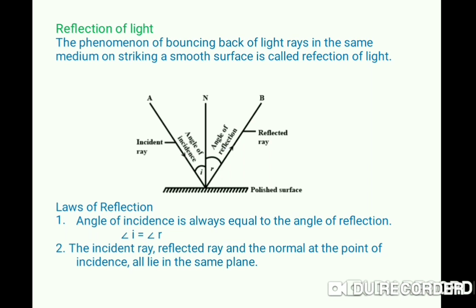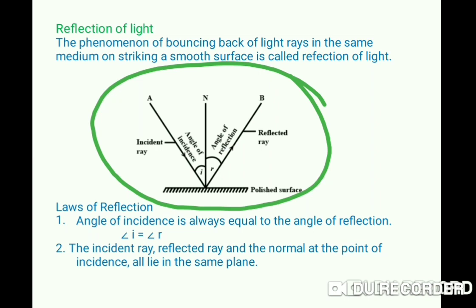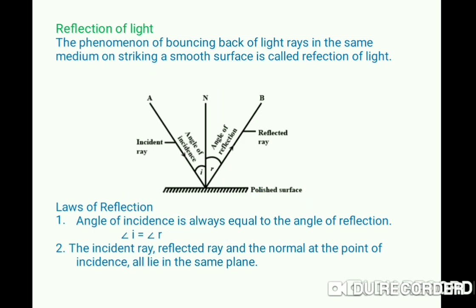See in the diagram, there is a smooth surface in which a ray, say this one, is incident on a polished surface. The ray is striking at point, say O, and reflects back in that direction.